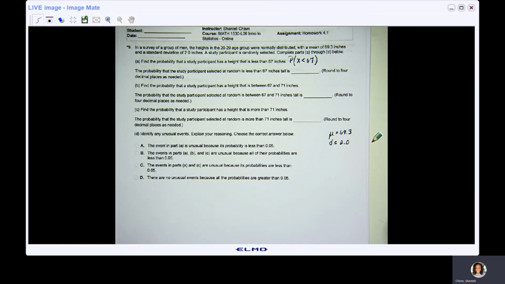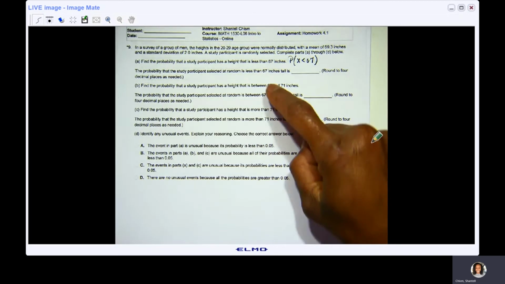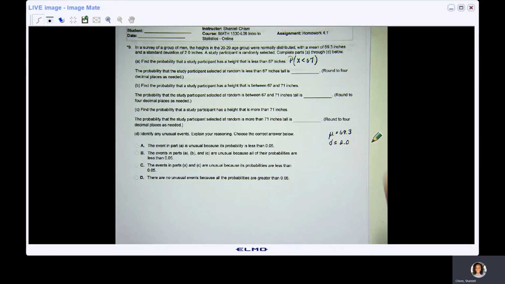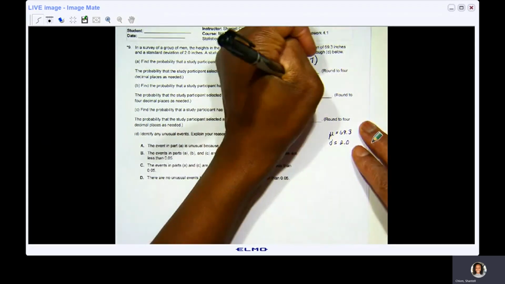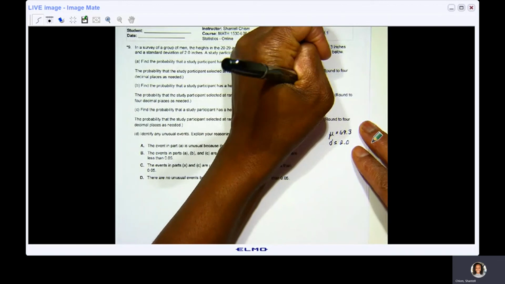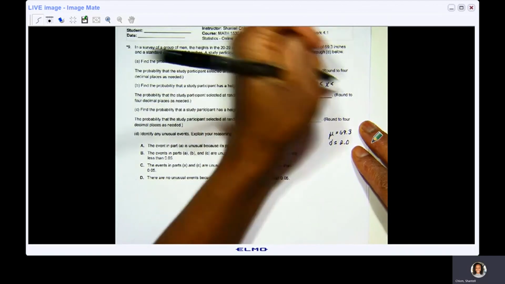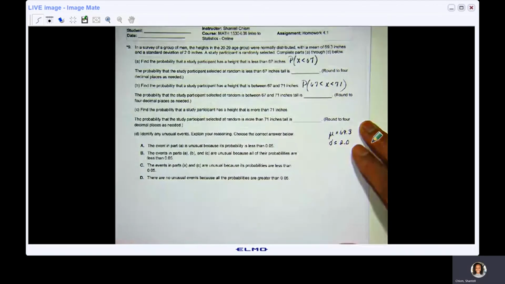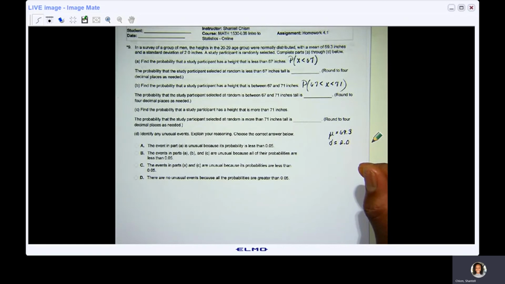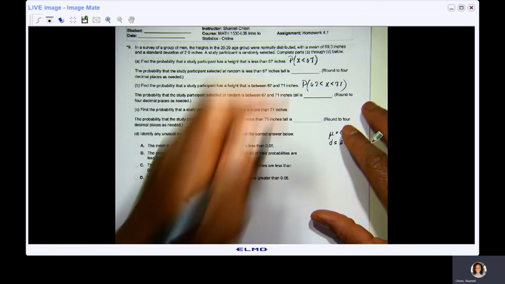All right, I'm going to go ahead and translate them all. Part B says find the probability that a study participant has a height that is between 67 and 71. So in other words, this one is bounded on both sides, where X is in the middle, between 67 and 71. Okay, so that's what we will be finding there on part B. And then part C says find the probability that a study participant has a height that is more than 71.